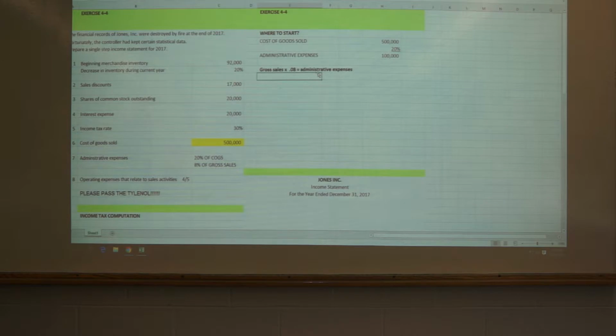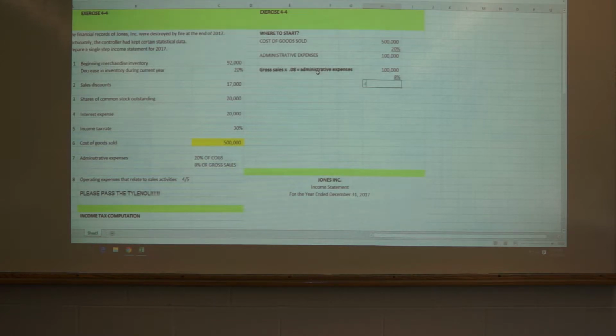So that would mean that if we take our 100,000 administrative expenses and divide by 0.08, 8%, we should get gross sales.